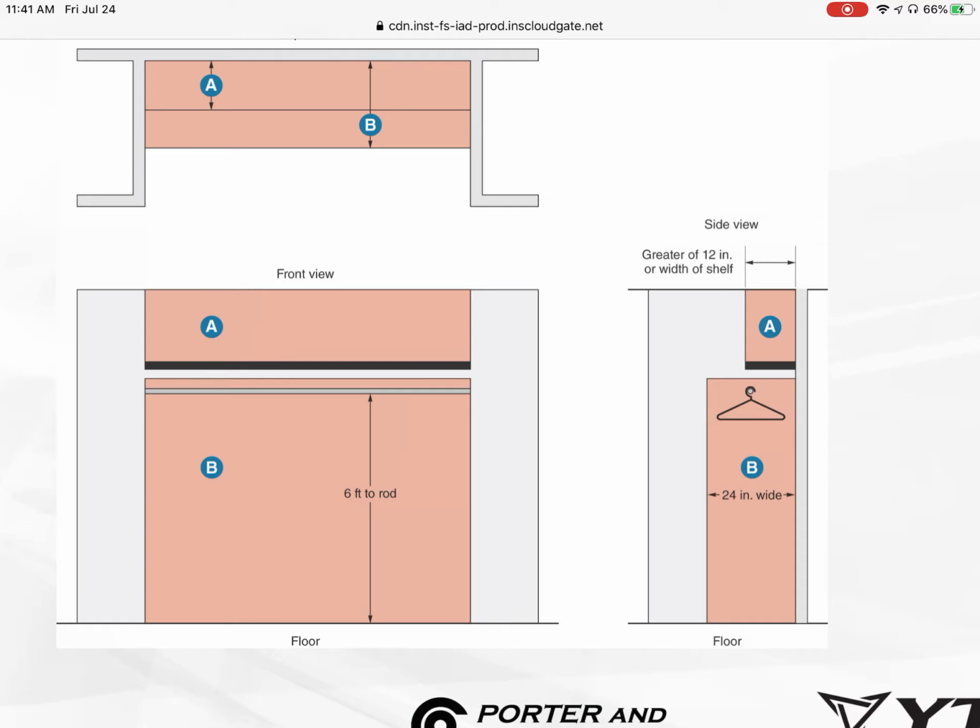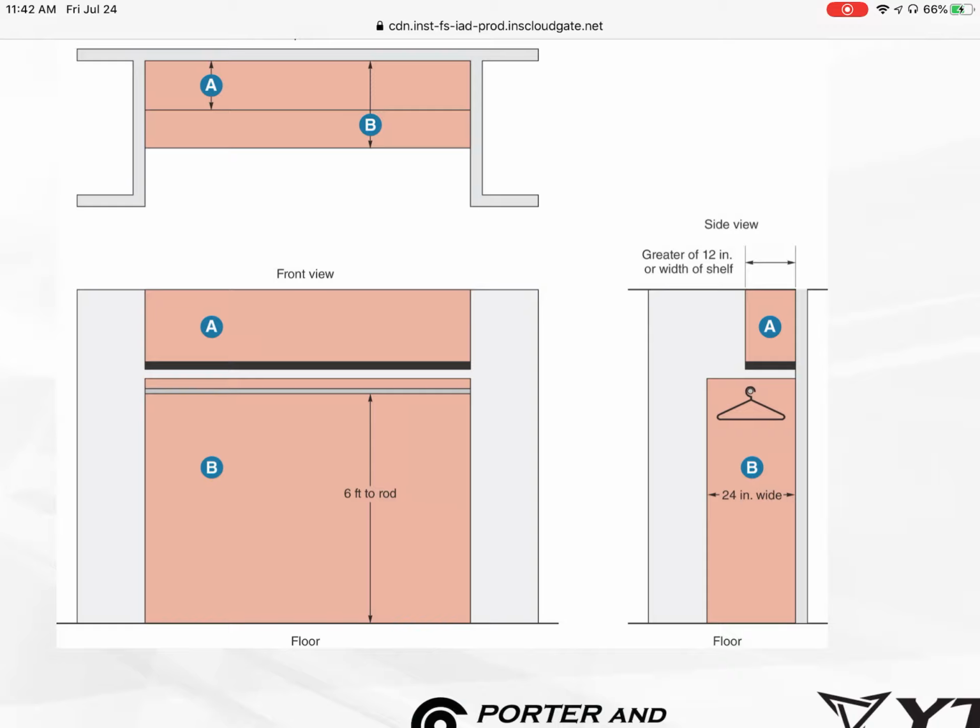Again, typically looking from the front view here, it's from the rod to the floor, and then we typically have that shelf, and from the shelf to the ceiling, and it's going to be at least 12 inches from the back wall out, or the width of the shelf.